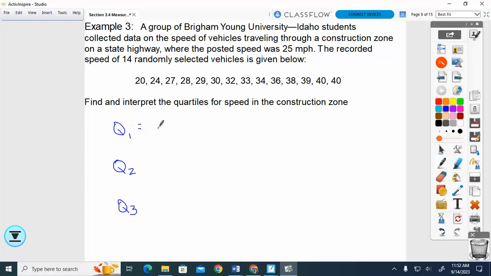So I want to find the quartiles. Quartile 1, that's the same as saying the 25th percentile. Quartile 2, that's the same as the 50th percentile or the median. And don't we already know how to find that? All right, let's look at that. So if we have 14, the median would have to be right here. So what would I need to do to find it? So we get what?